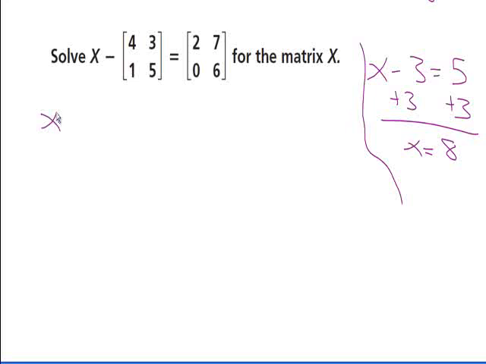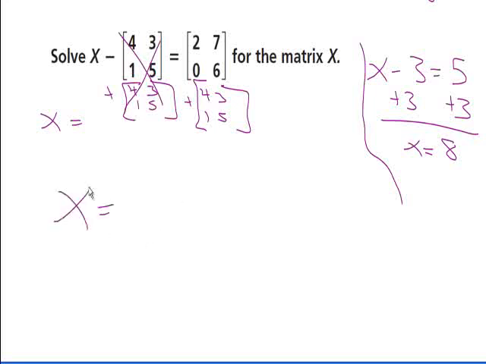So I'm going to add 4, 3, 1, 5 to both sides. Over here I have a negative 1 and a positive 1 for my matrices, so they're going to cancel each other out. So x is equal to 2 plus 4 is 6, 7 plus 3 is 10, 0 plus 1 is 1, and 6 plus 5 is 11.